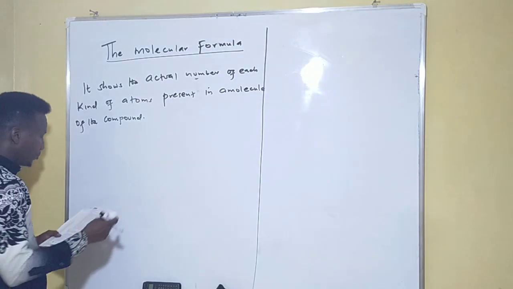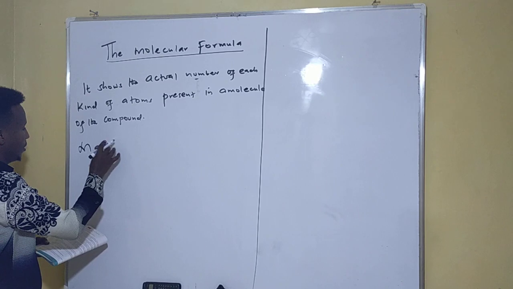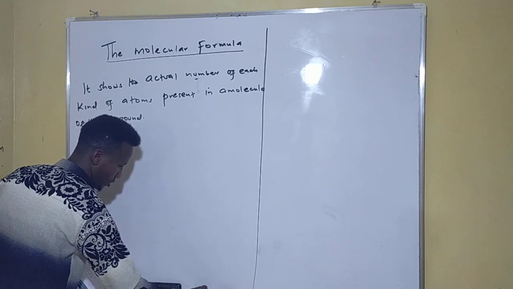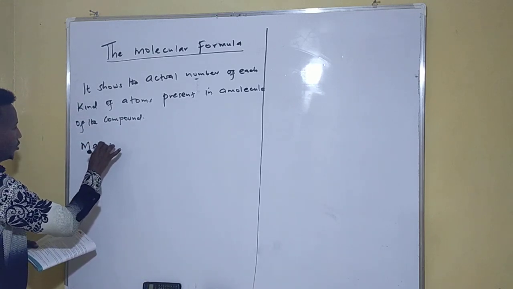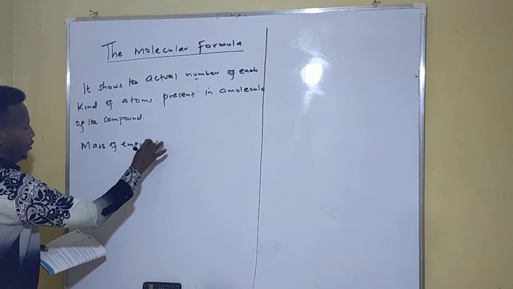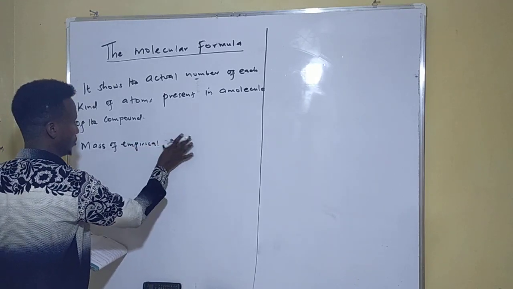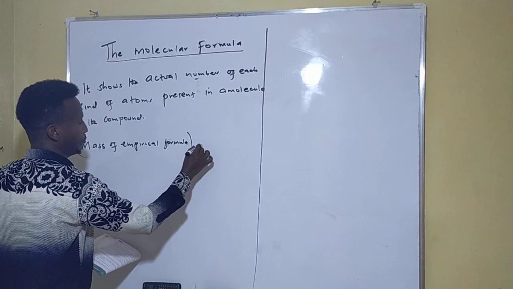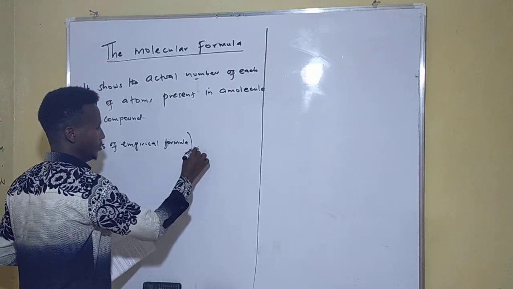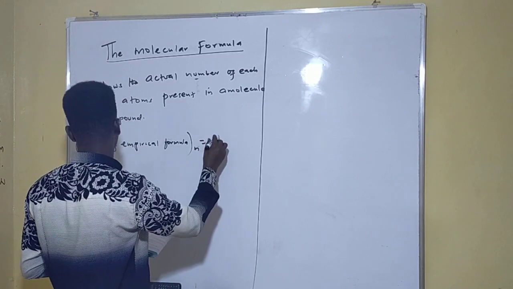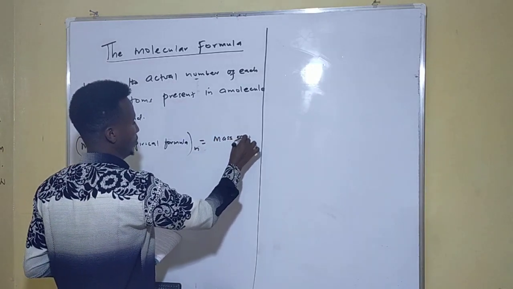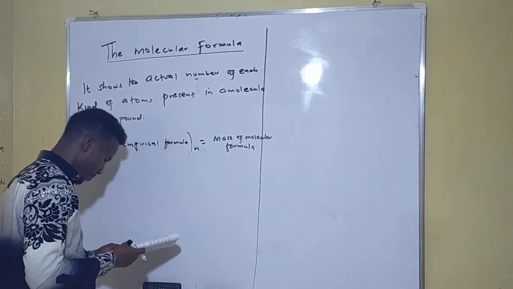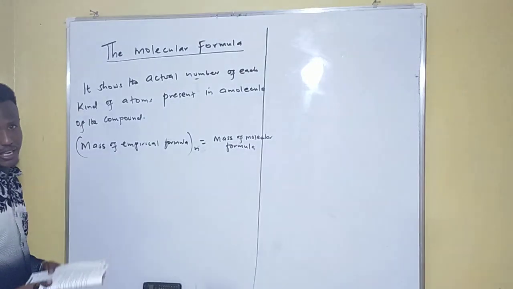So we can say: mass of empirical formula, in brackets, multiplied by n is equal to mass of molecular formula, where n is a whole number. Don't forget, n is always a whole number.